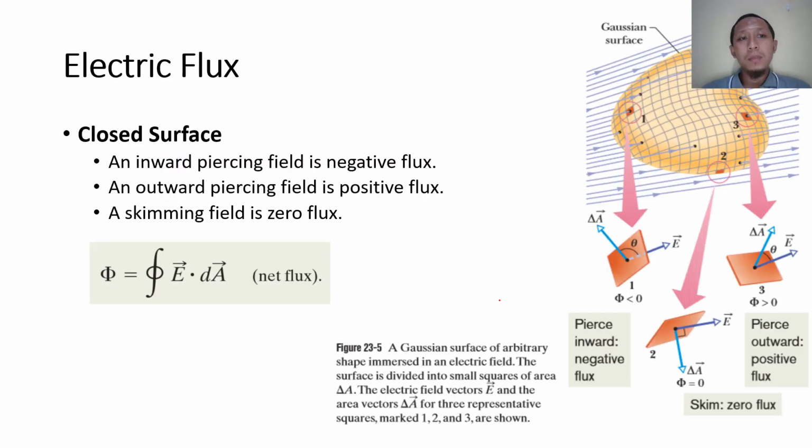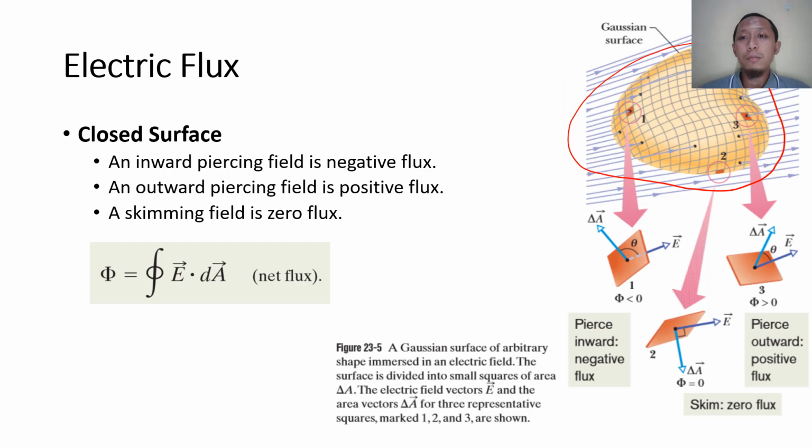And then to determine the electric flux, we have to use a closed surface like this one. If we have this object here, then to calculate the total flux in this object, we have to check a small part of the object like this one.